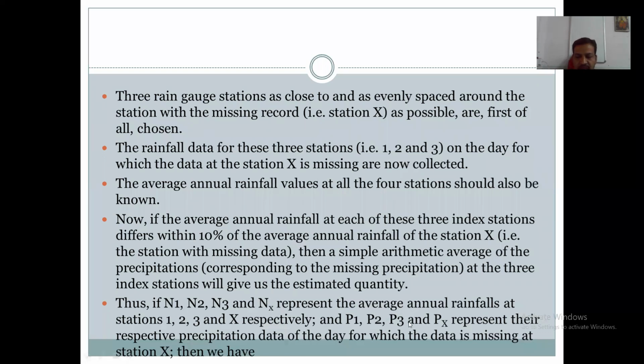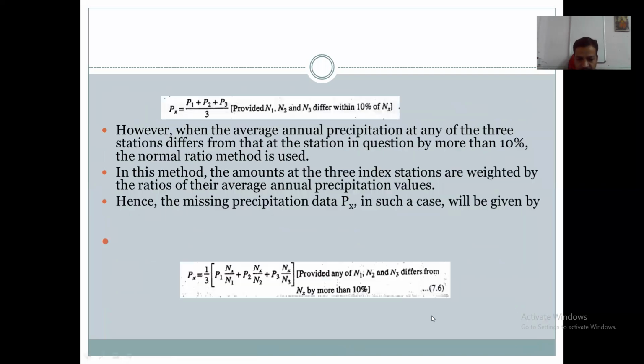P1, P2, P3 are the precipitation of the known stations, and Px is the precipitation of the missing station. When the average annual rainfall of these 3 stations differs within 10% of Nx, then the precipitation of the missing station is calculated by this formula: Px is equal to (P1 plus P2 plus P3) by 3.